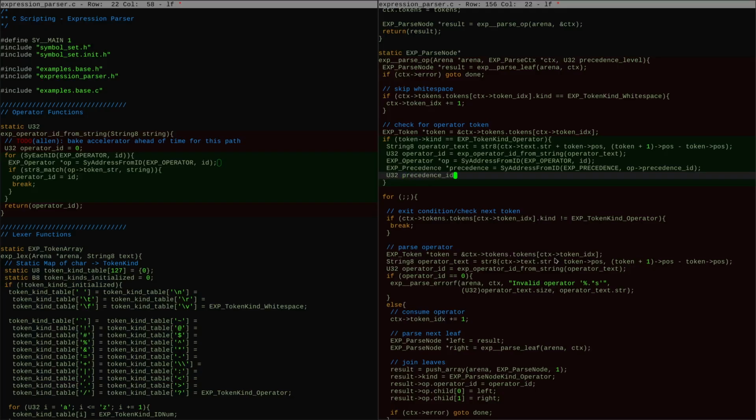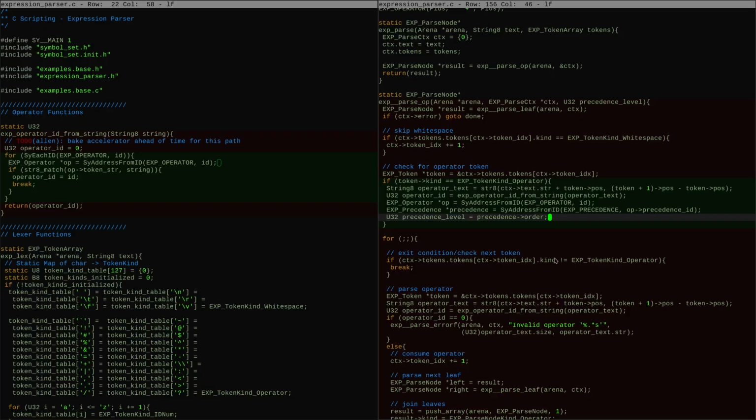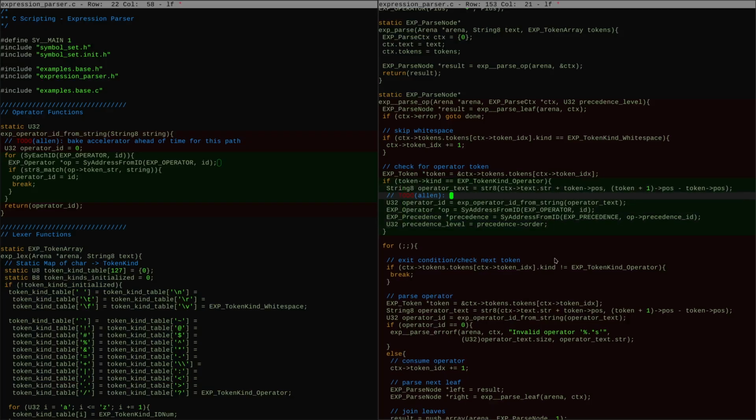And then the precedence level is the precedence order, right? So I want to build a faster lookup table from operator IDs to precedence levels before I call it quits on this. Operator precedence level accelerator.